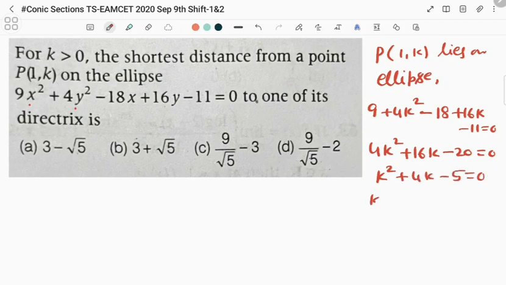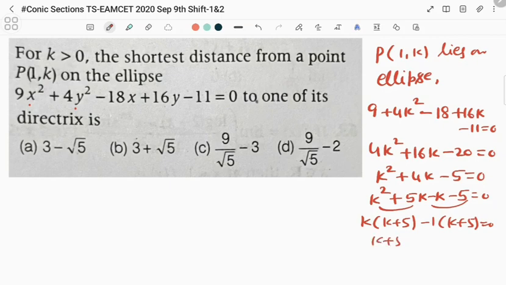So factorization: k square plus 5k minus k minus 5. So k into k plus 5 minus 1 into k plus 5.